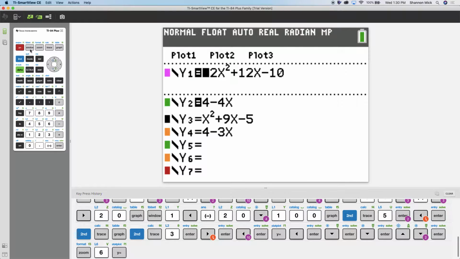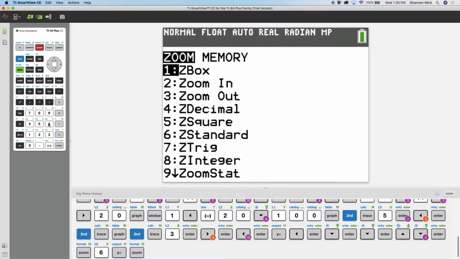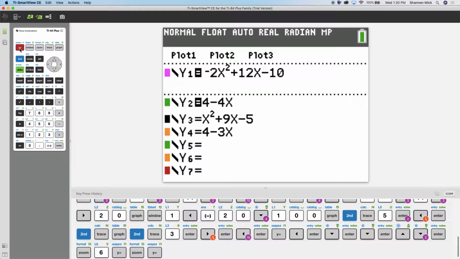did you hit zoom 6? Well, it would tell you you're wrong if you put a negative. Yeah, if it says error syntax, you put a subtraction instead of a negative. Oh, I see what I have done. But you put plus 12 minus 10. It's plus 12x.